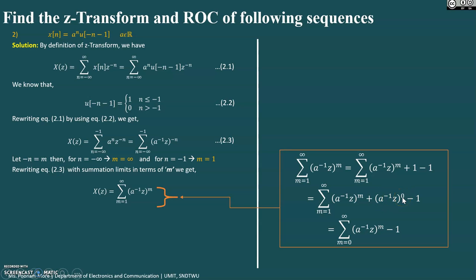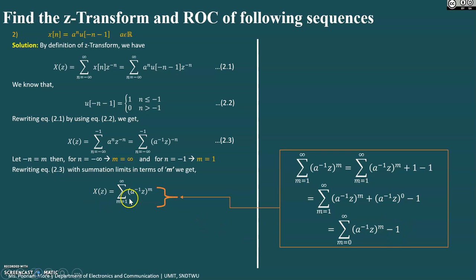So with this term along with this summation, by combining these two terms, we can write them as a single summation of a inverse into z raised to m, where now m will take the value from 0 to infinity, as we have included the 0th power term for this summation, and this minus 1 will be considered over here.